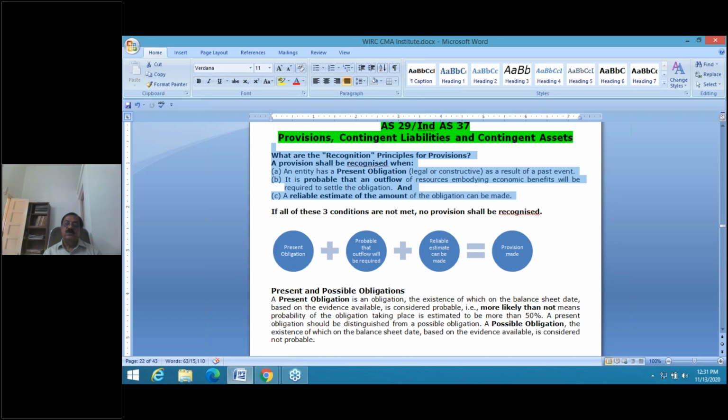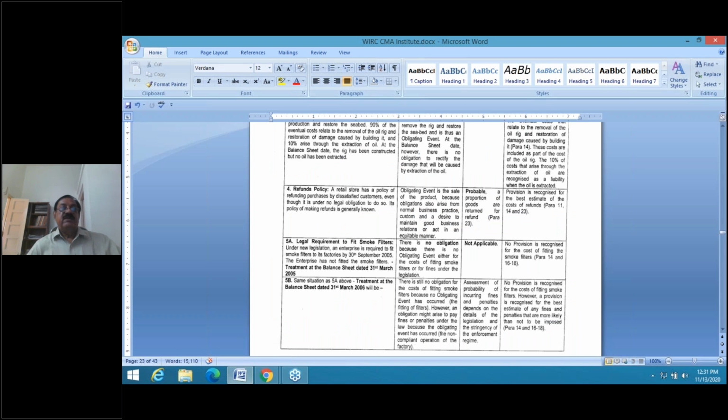And if it is a possible obligation, then it will be shown as a contingent liability, as information in your financial statements. No entry will be passed for that. Suppose, friend, I have given a guarantee for a 1 lakh rupees loan taken by another entity.